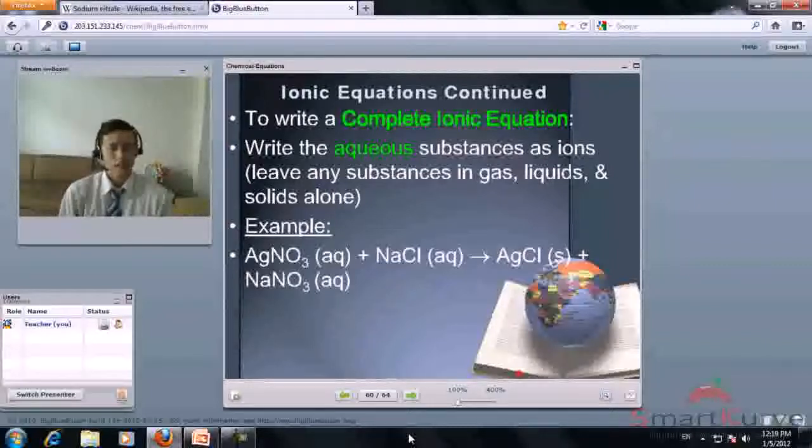A good example of that, we have silver nitrate, which is aqueous, plus sodium chloride, also aqueous, yielding silver chloride and sodium nitrate. Again, we know some of these reactants and products already. The NaCl we know as table salt, and that sodium nitrate we know as the explosive.